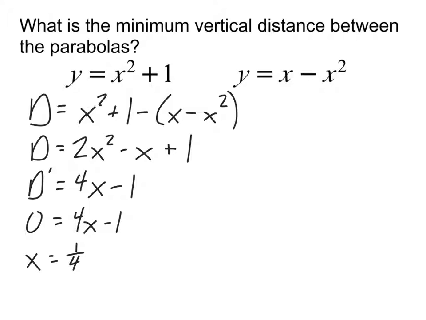We actually want to know what that minimum distance is, so take that 1/4 and plug it back into that distance function. In other words, you want to figure out what is d of 1/4.